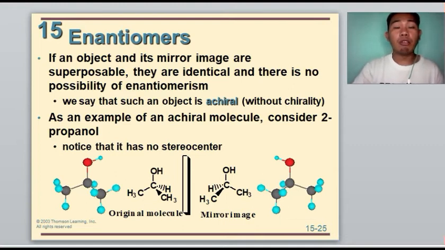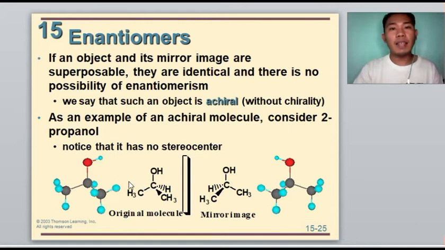In this molecule, carbon 2 is bonded to 3 different groups, but no carbon is bonded to 4 different groups. Again, this carbon here is bonded to only 3 different groups. Why? Because OH is one group, H is another, CH3 is another. Notice that 2 CH3s are bonded to carbon number 2.